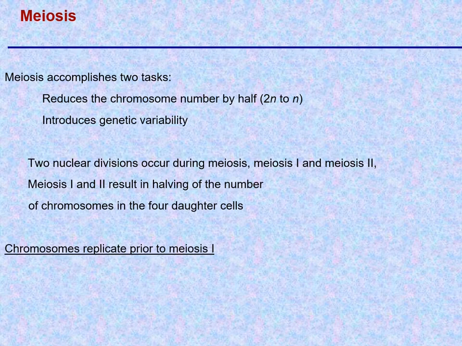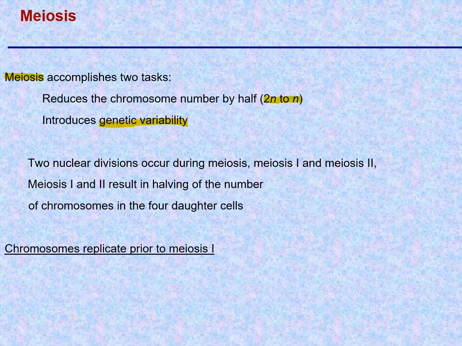But there's also a reduction from 2N to N, from diploid to haploid. And the other thing that occurs in meiosis is an introduction of genetic variability. So the sperm cells are not identical to each other. If all the sperm cells were identical, or all eggs that a female produces were identical, then all your children would be identical. And as we know, that doesn't happen.